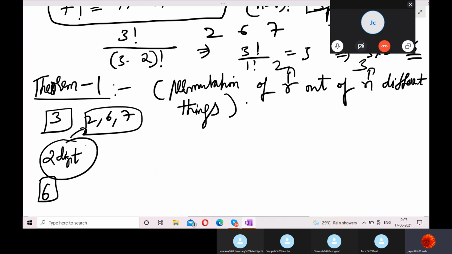How will you do it? See, the formula is nPr. This is the way with which you can do this kind of arrangement, that is r digits out of n given numbers. So 2 digits out of 3 given numbers. You can understand that with this theorem too. Let me give you the concept.